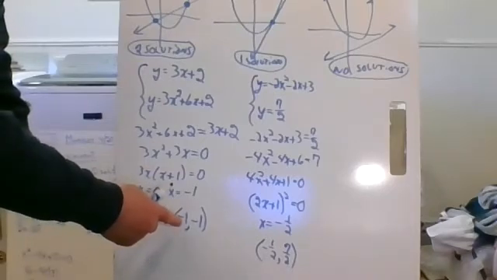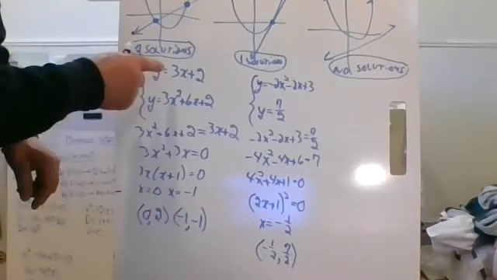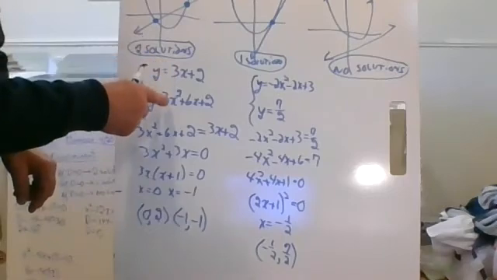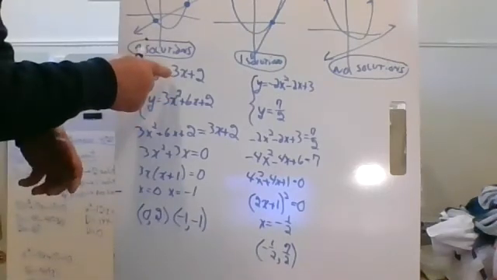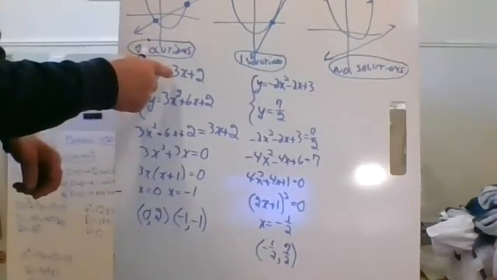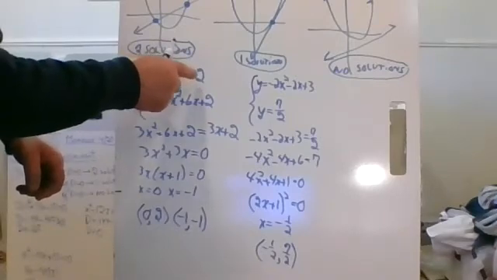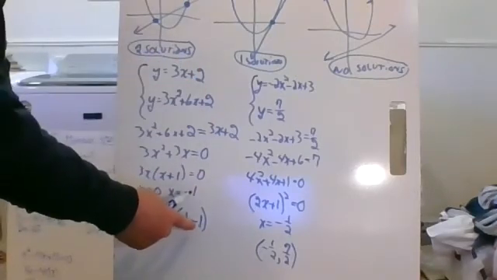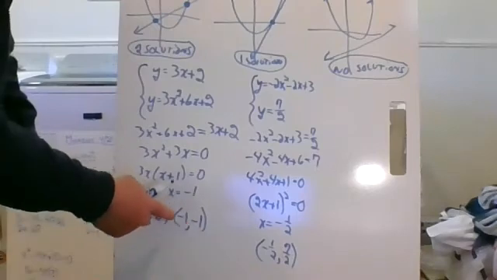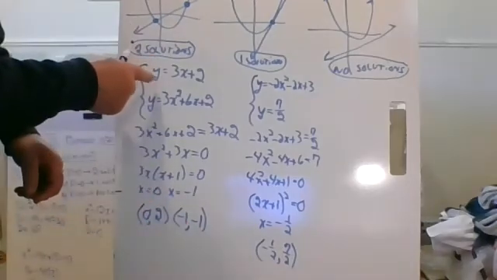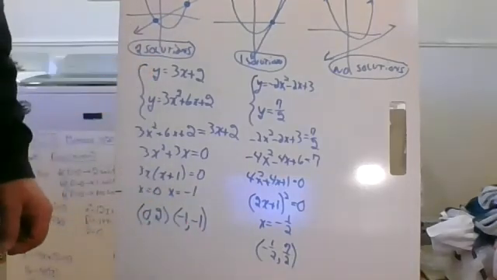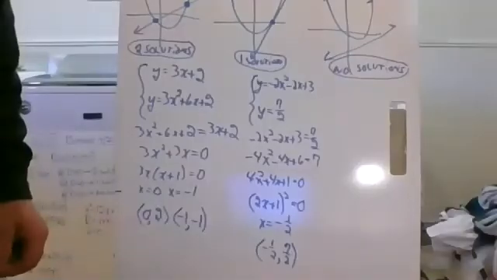And then you take the -1 for x, and again, either plug it here or here. You're probably best plugging it into the linear. 3 times -1 is -3 plus 2 is -1. And that's how you solve this system by an algebraic method called substitution.